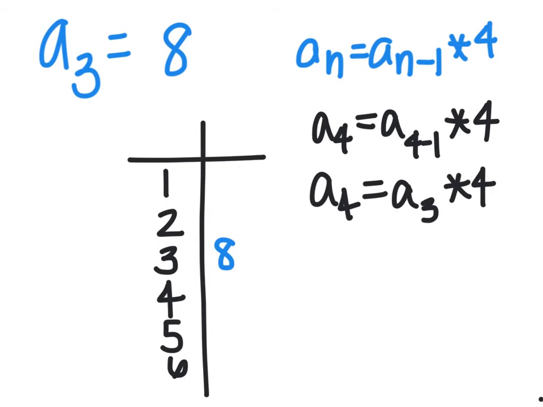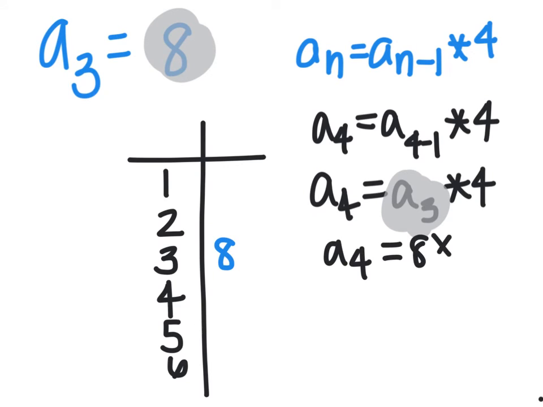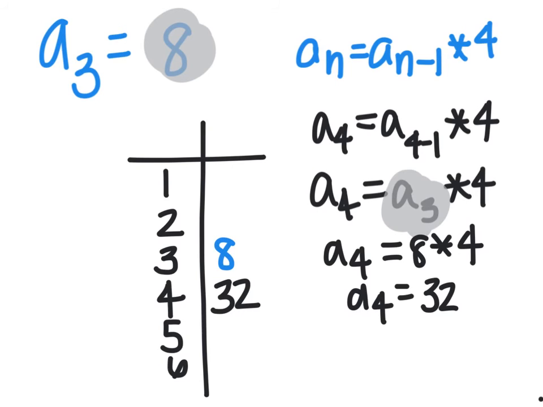And remember, we've already done the math, and we were told that a sub 3 was 8. So really, we know that a sub 4 equals 8 times 4, which is 32. So a lot of work just to show that in order to get from one term to the next, all I'm doing is multiplying by 4.